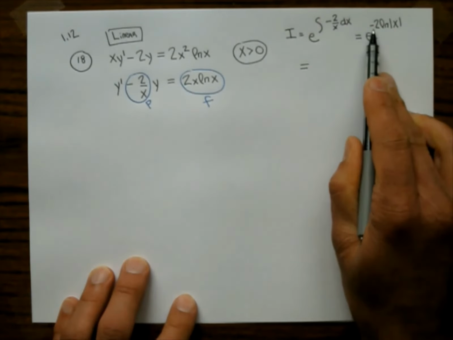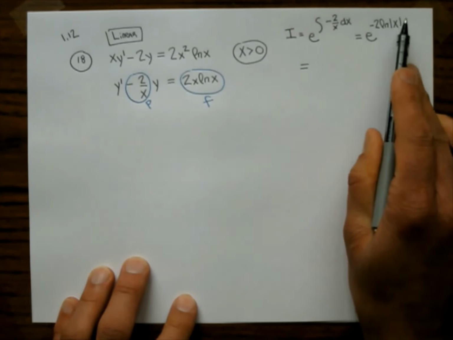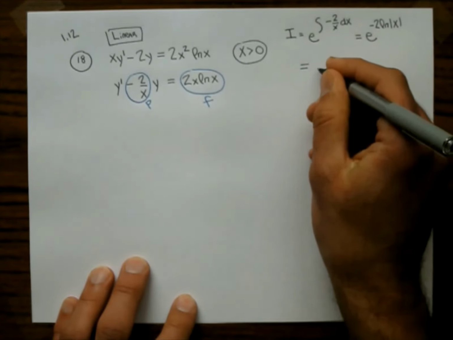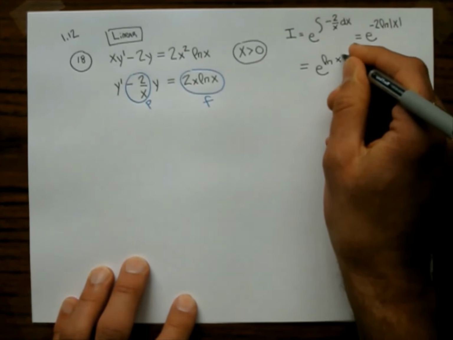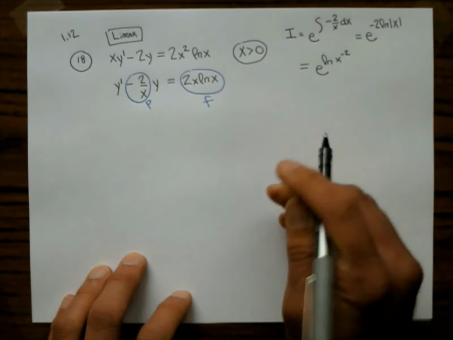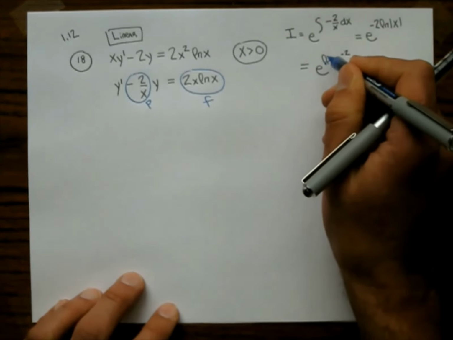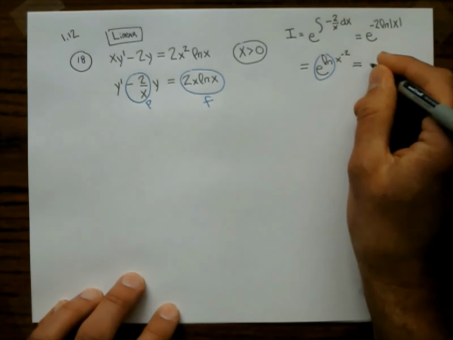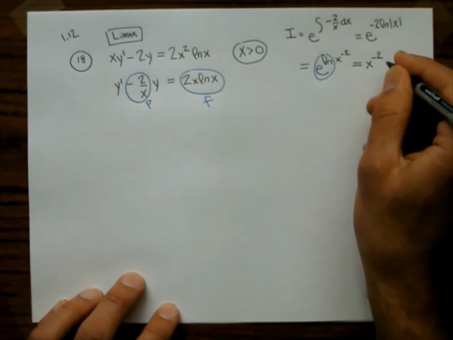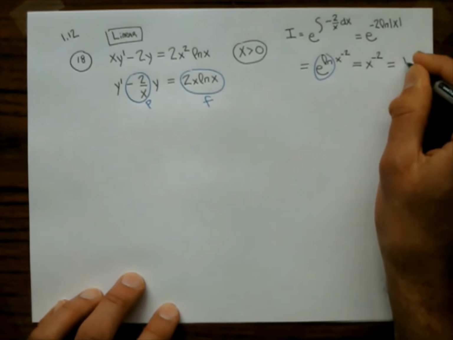And I'm going to take that -2 and, using the power rule of logs, make it jump up there. So this is going to be e to the ln of x to the -2. Property of logs, that goes away. And so my integrating factor is x to the -2, or if you want, 1 over x squared.